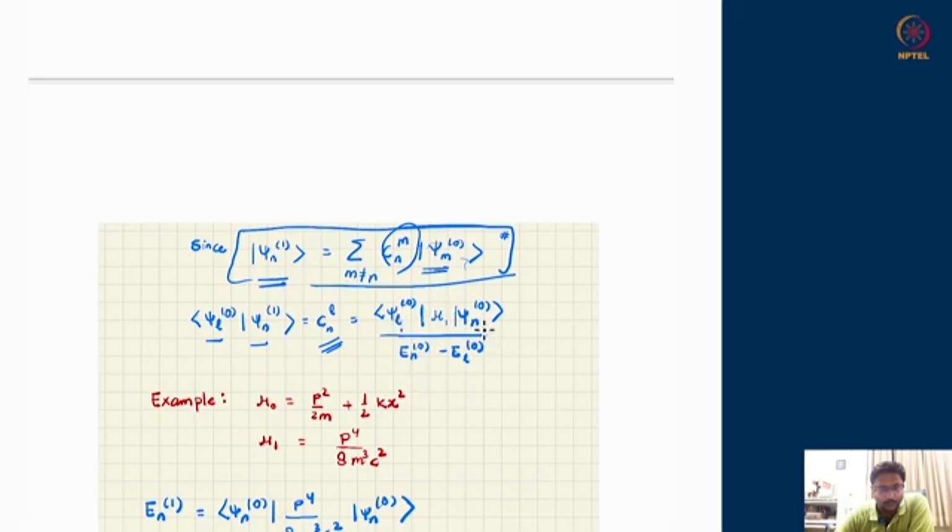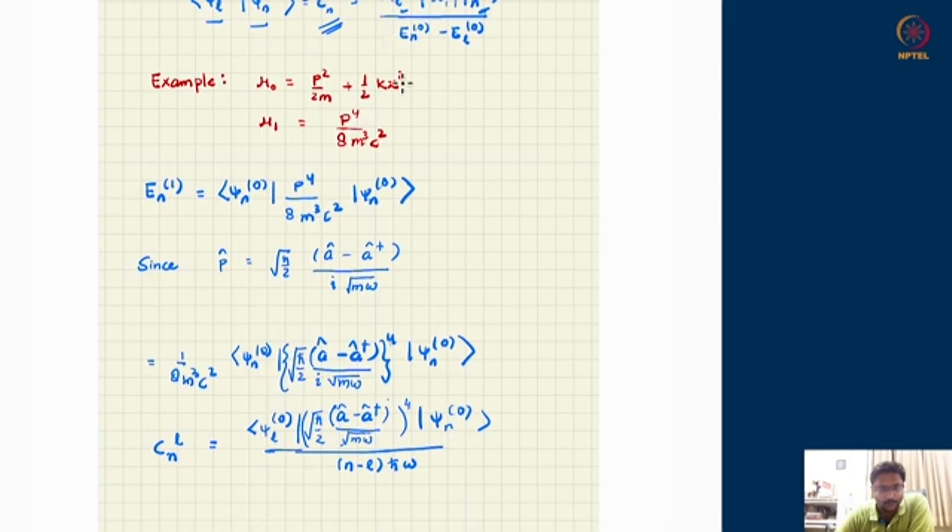For example, N can be 1, L can be 2, then I will get the perturbation Hamiltonian off-diagonal element H1, 1, 2. If N is 2, L is 3, I will get the corresponding off-diagonal matrix element 3, 2 of the perturbation Hamiltonian. So let us do one example to see this concept with more clarity.